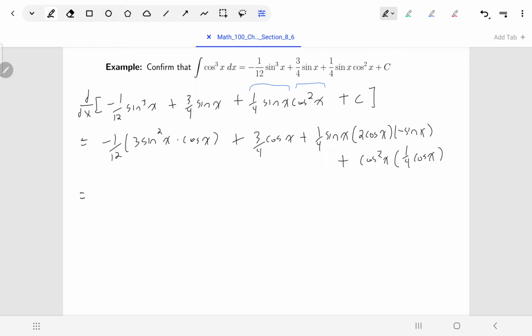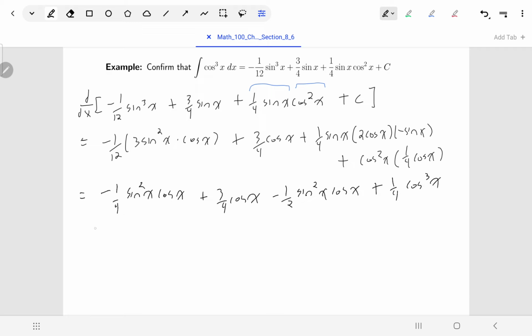Cleaning this up a little bit, I've got negative 1/4 sine squared cosine, I've got 3/4 cosine, and then I've got minus 1/2 sine squared cosine. And then 1/4 cosine cubed.